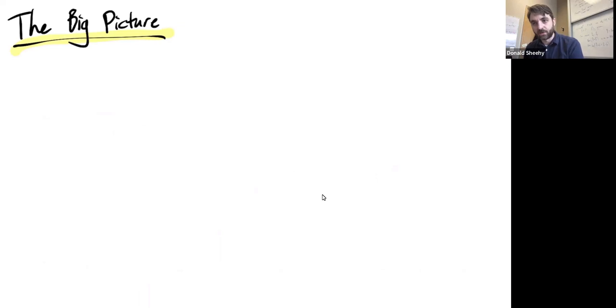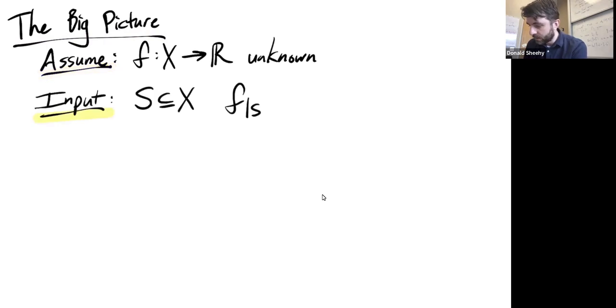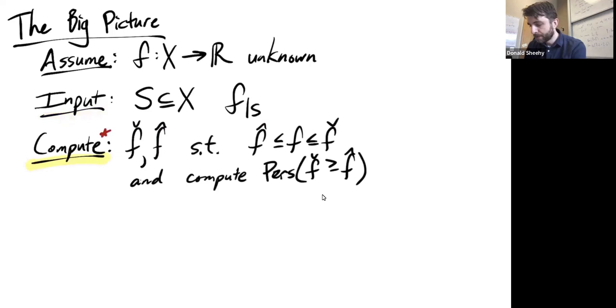Let me now lay out the big picture. Again, I assume I have some function that's unknown, and assuming that it's Lipschitz, etc. I was given the sample S, and I knew the function values at S. I want to compute these max and min extensions, and so I have this ordering on the extensions.